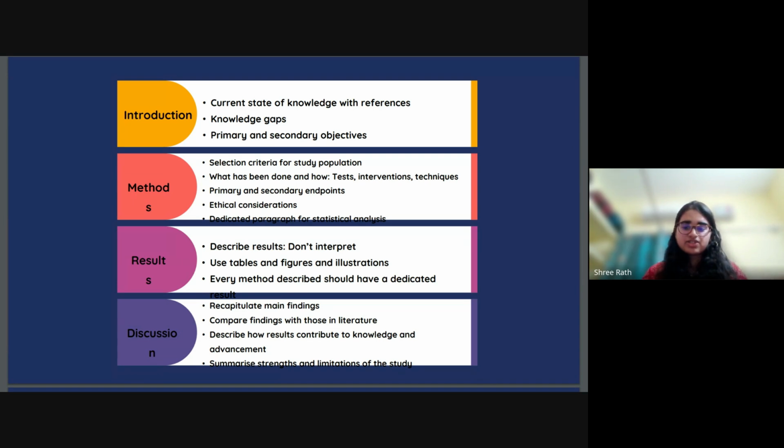And then the limitations, obviously, because everything cannot be addressed in a study. There are definitely some biasing, or if it's unblinded, that would itself be a limitation. So you should address that and try to say what measures you have taken to reduce the effect of the limitation on your results as such.